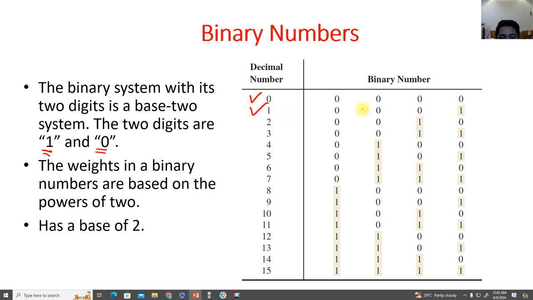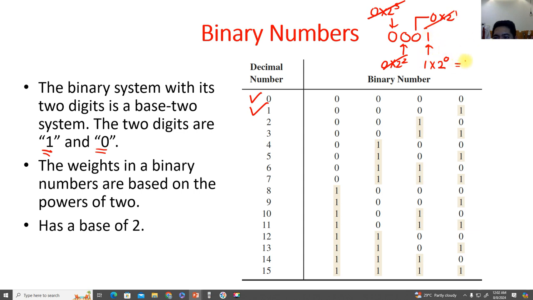For 1 we have 0 0 0 1. That means this is actually 1 times 2 raised to 0 because of its weighted position. Here is 0 times 2 raised to 1, here is 0 times 2 squared, and here is 0 times 2 cubed, and all of these are zeros.